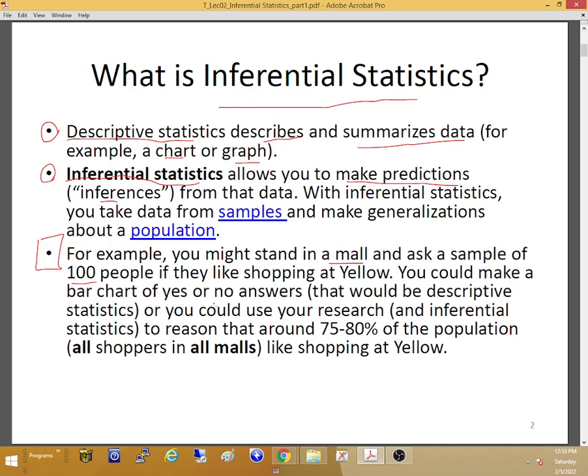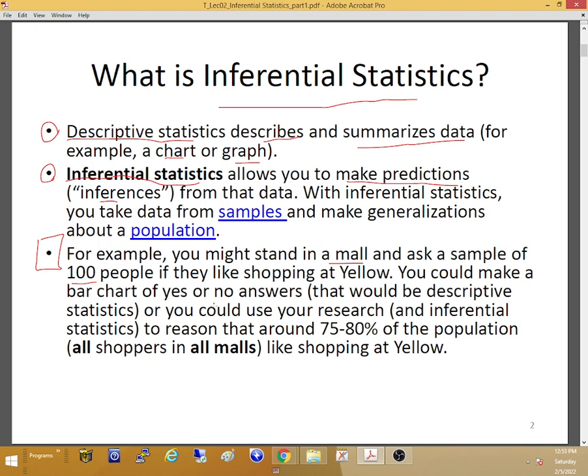And from this, you can maybe infer something. You can do some research on it, and you could use your research to reason that around 75 to 80% of the population like shopping at YOLO.